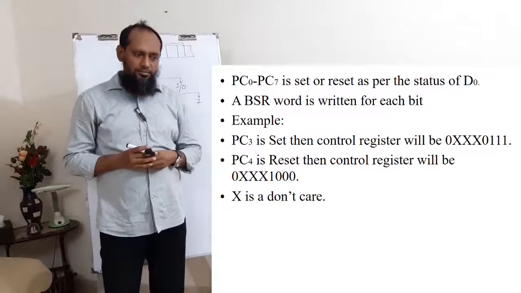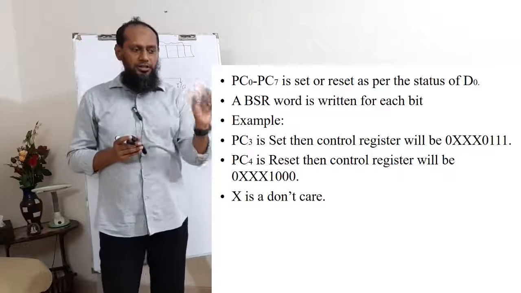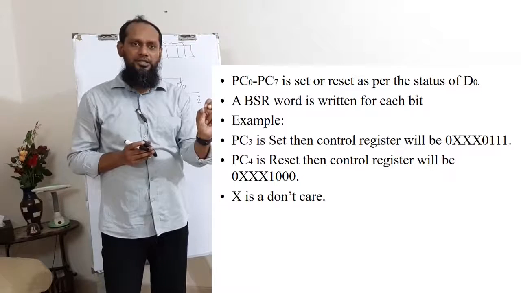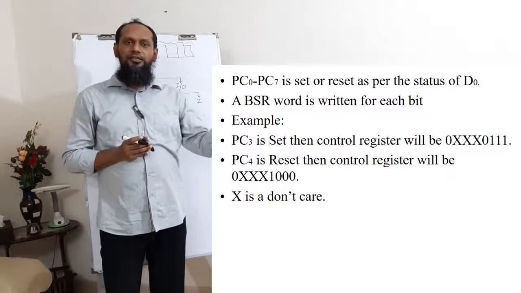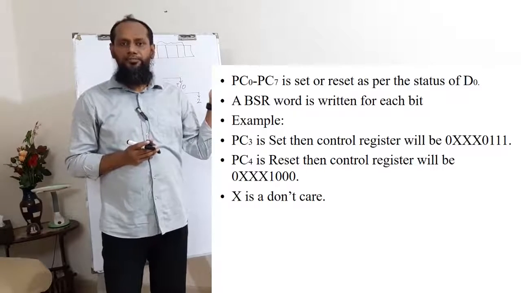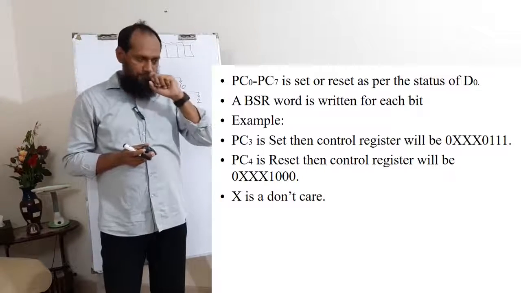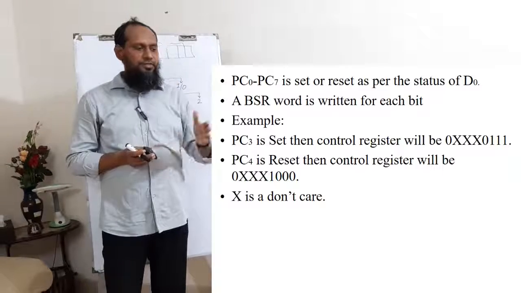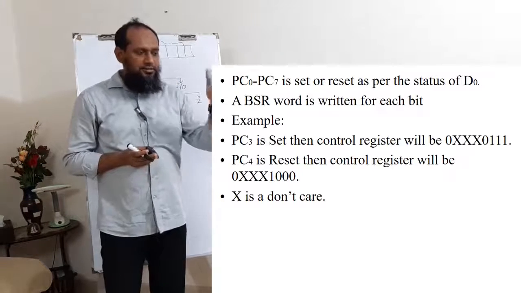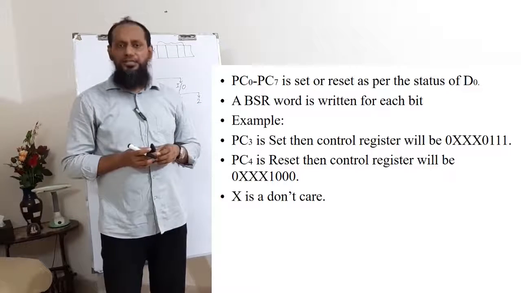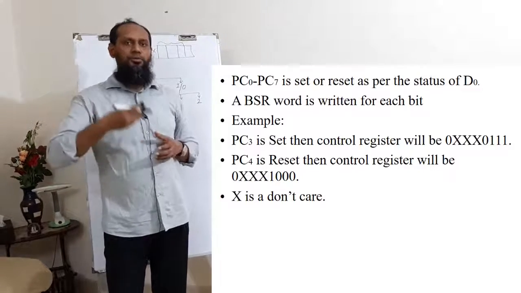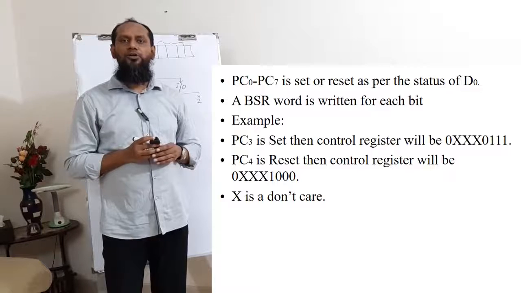If we put this information in the control register, from the next time we will get PC3 set. And the same thing for PC4. If we set this control word in the control register, then from then on we will get PC4 reset.